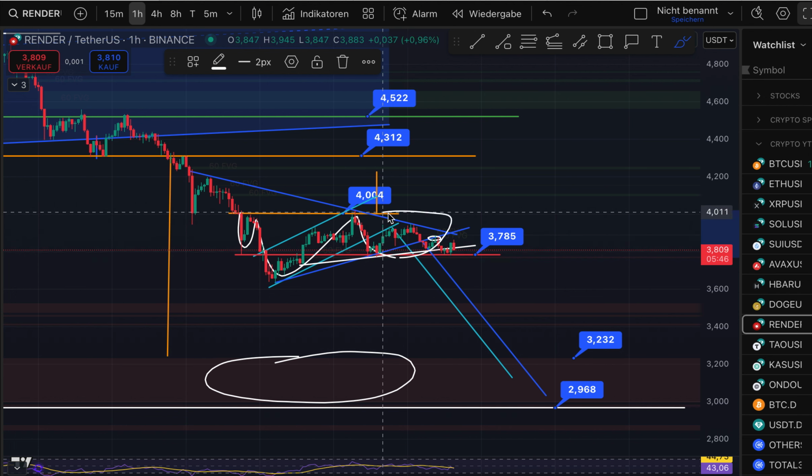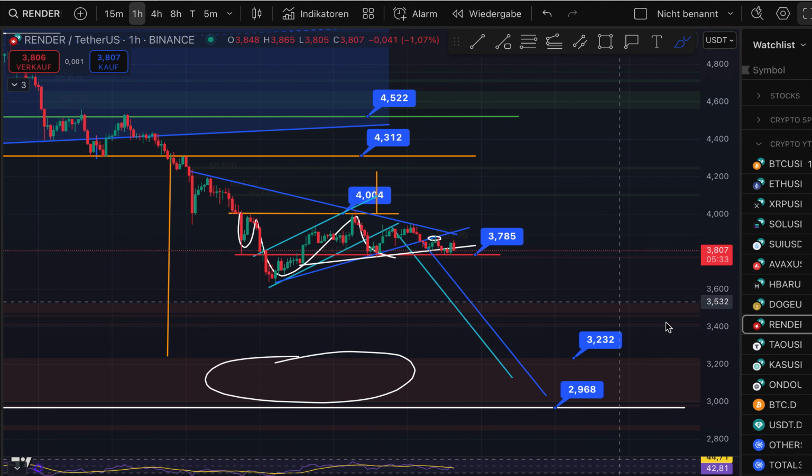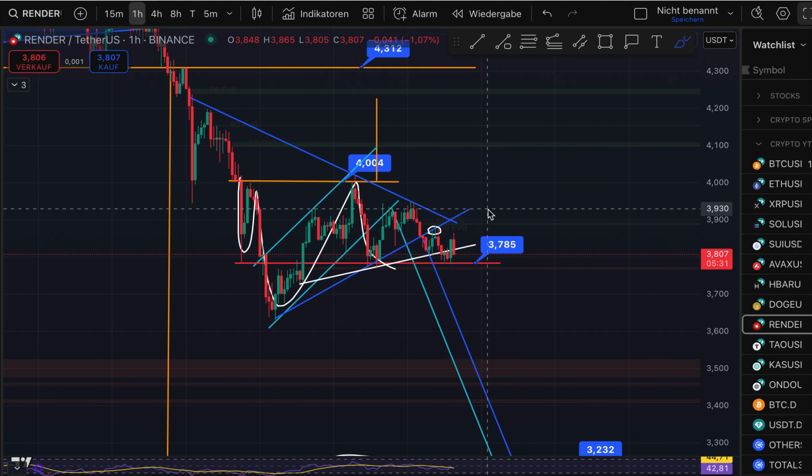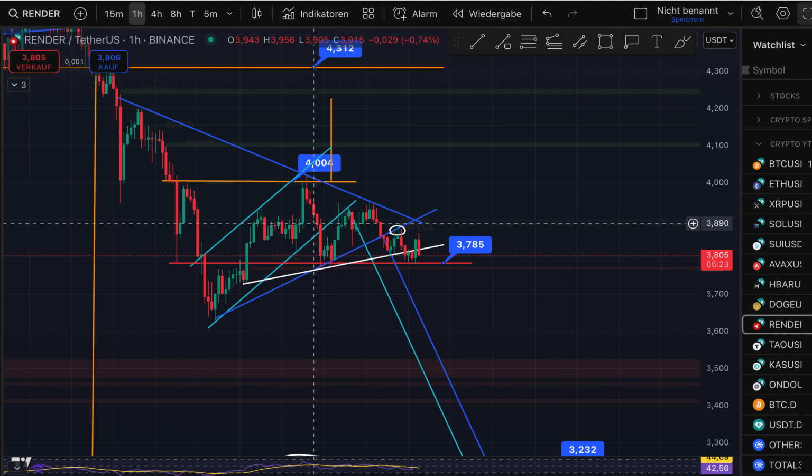So if we break the $4 to the upside, then the target is going to be $4.22 up to $4.31, but I think this is not realistic at the moment. And once we break the $3.78 to the downside, and it looks like we have selling pressure, then this inverted head and shoulders formation is going to get invalidated for Render.